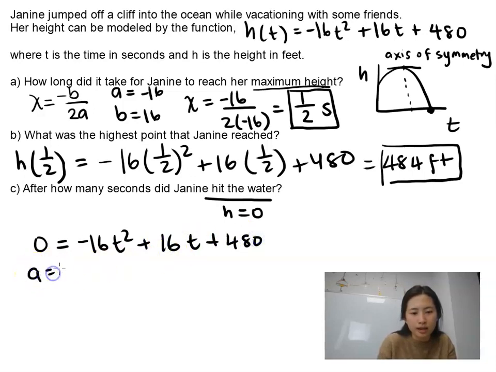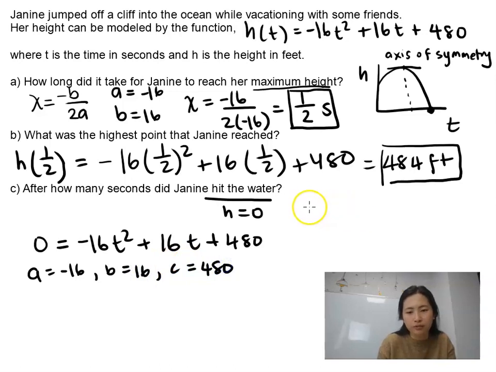So a is negative 16, b is 16, c is 480. So again, our quadratic formula, as a reminder, is negative b plus or minus the square root of b squared minus 4ac, over 2a.